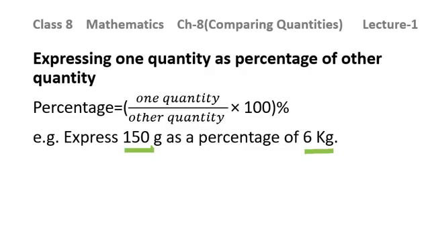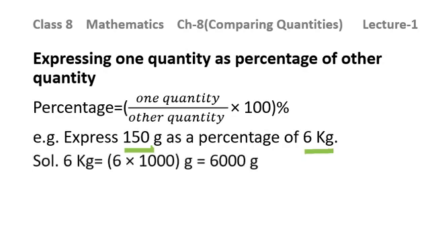I told you that to compare the two quantities we need to make the units the same. So 6 kilograms is being converted into grams, or you can convert 150 grams into kilograms. I have converted 6 kilograms into grams. You can also convert 150 grams into kilograms.